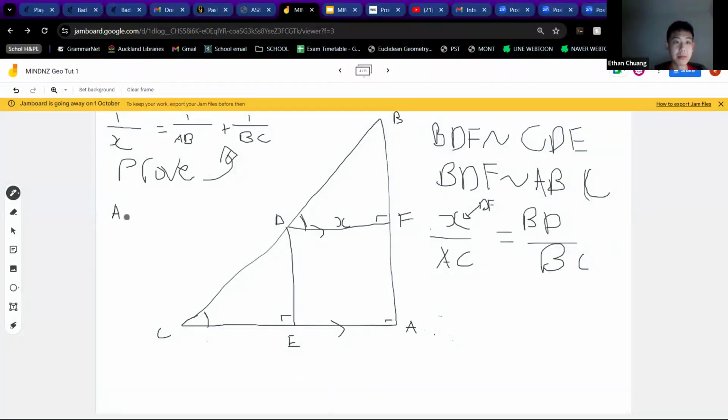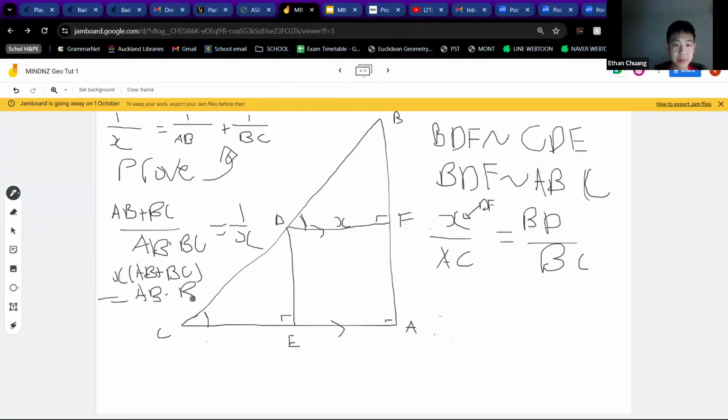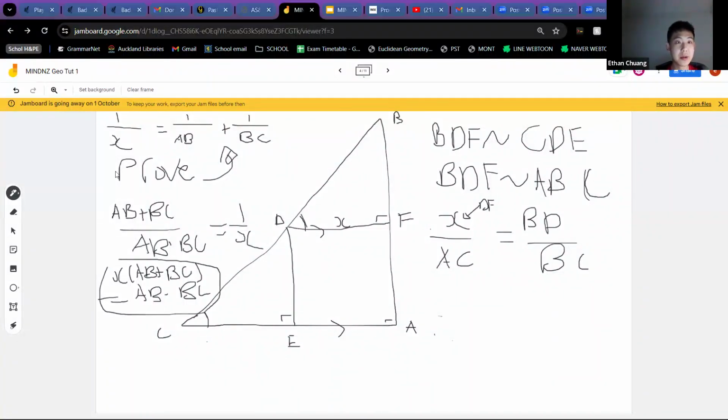So, AB plus BC over AB times BC equals 1 over X. So then X times (AB plus BC) equals AB times BC. Right? I guess this would probably be easier to show, because of the fractions.